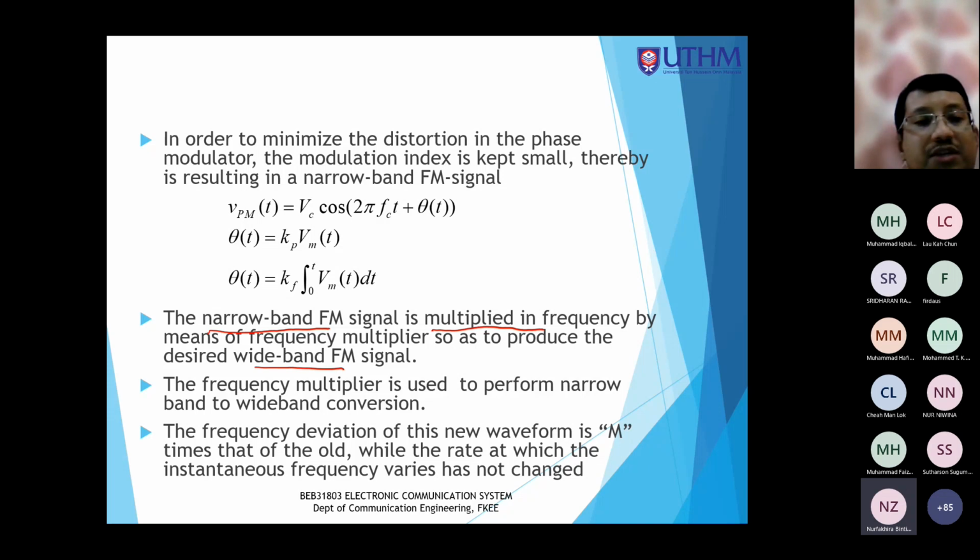So the frequency multiplier is one of the methods to increase from narrowband to wideband. Remember that narrowband means small bandwidth, wideband means wider bandwidth. You will see later about the frequency multiplications. This is where we will learn about the up conversion process.